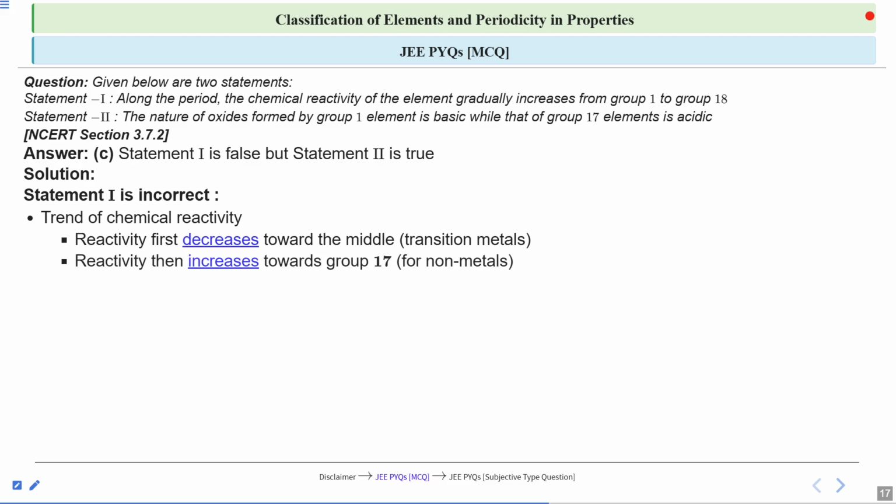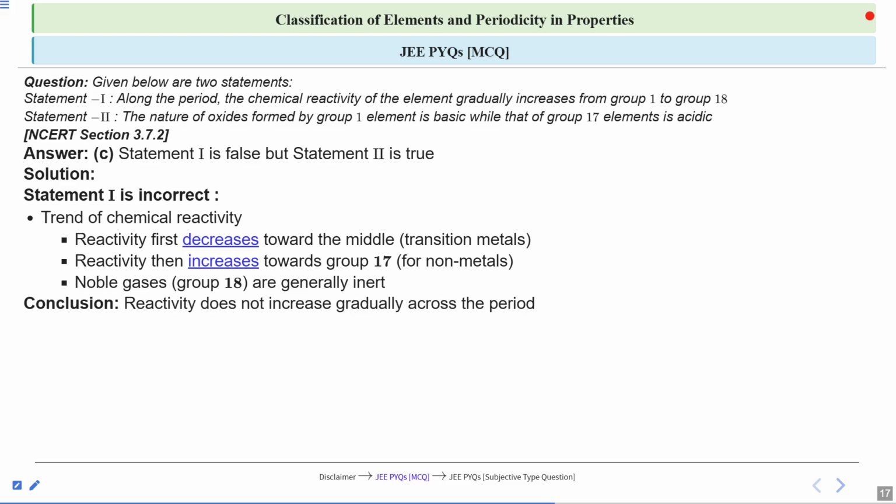But as you move away from the transition elements towards the right, the reactivity again starts to increase. And it increases up to group 17 for the non-metals. We know that group 18 is not reactive at all, so we will not include that in our discussion. Since the noble gases are inert, we cannot include them in our discussion.